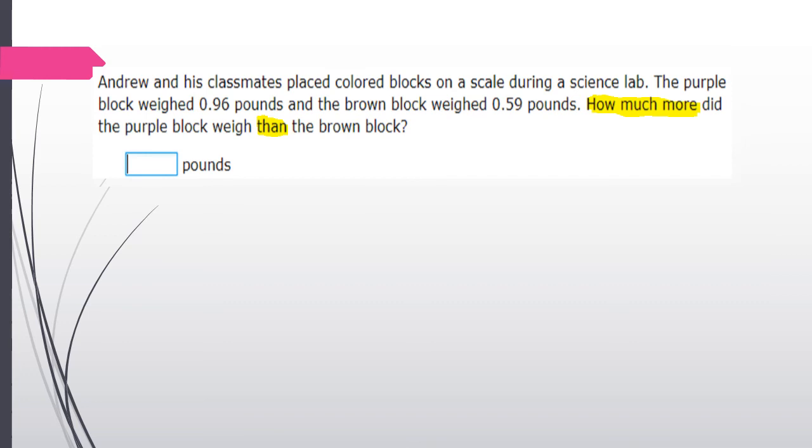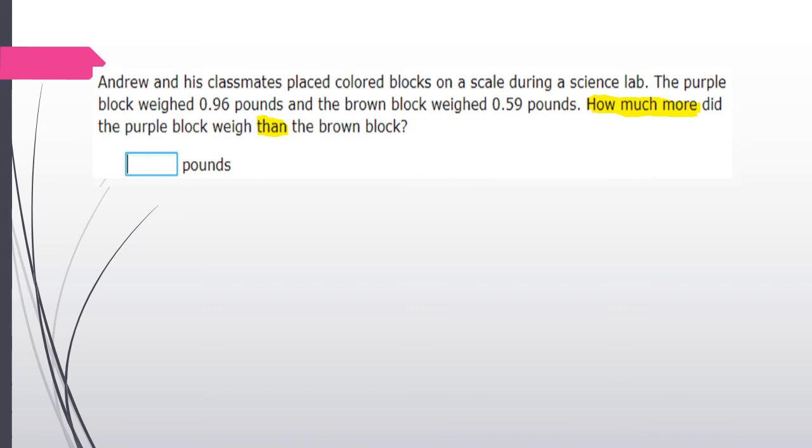Second example. Andrew and his classmates place colored blocks on a scale during a science lab. The purple block weighed 0.96 pounds and the brown block weighed 0.59 pounds. How much more did the purple block weigh than the brown block? How much more? Purple than brown. So here I'm comparing. Comparing means find the difference.